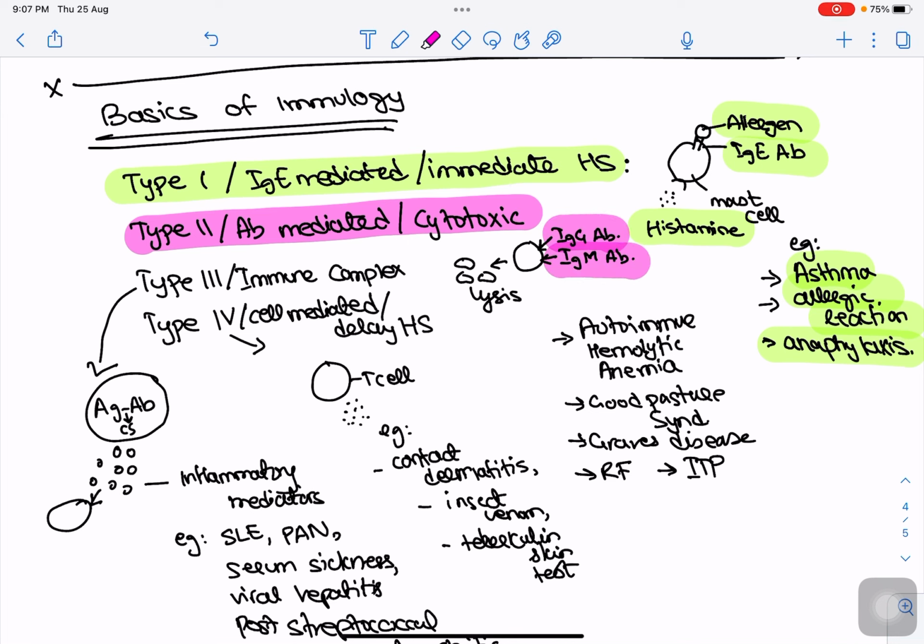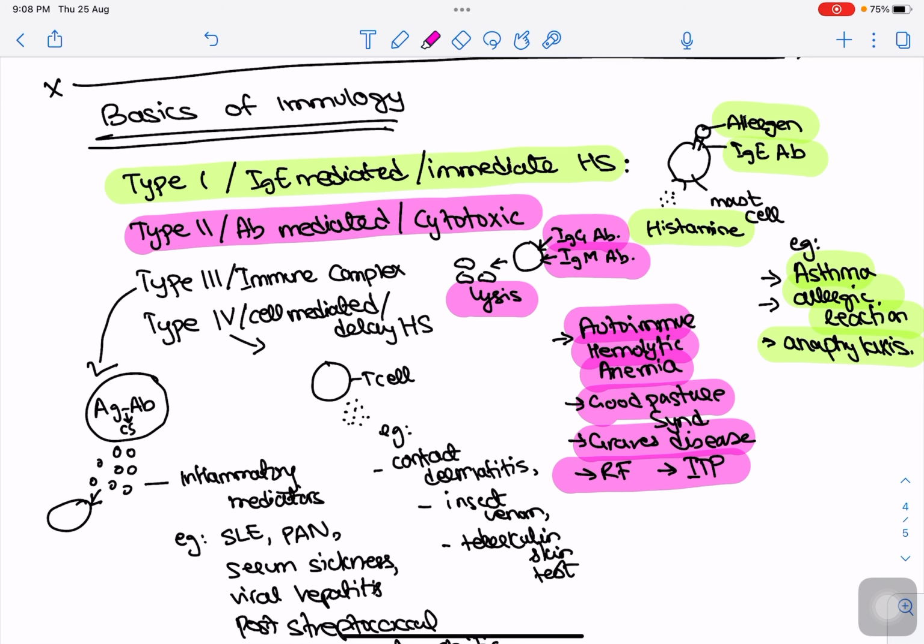Such reactions happen in autoimmune diseases, which are autoimmune hemolytic anemia, Goodpasture syndrome, Graves disease, rheumatic fever, and ITP. So basically these are the autoimmune diseases that we usually cover. There's an antibody attachment, and it leads to the lysis of the cell.